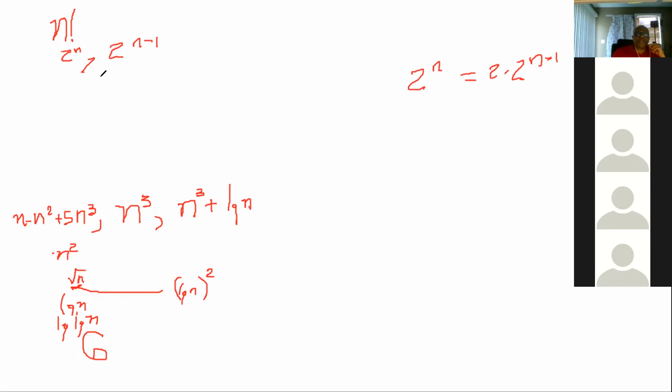Then the next one below that would be 3 over 2. So you're saying 2 to the n is the same as 2 to the n minus 1? Yes, because 2 to the n is a constant, 2 multiplied by 2 to the n minus 1, just as we did for n cube, and 5n cube is the same order, right?